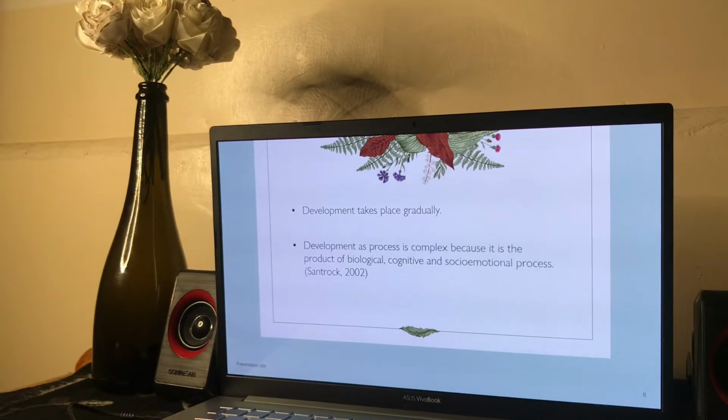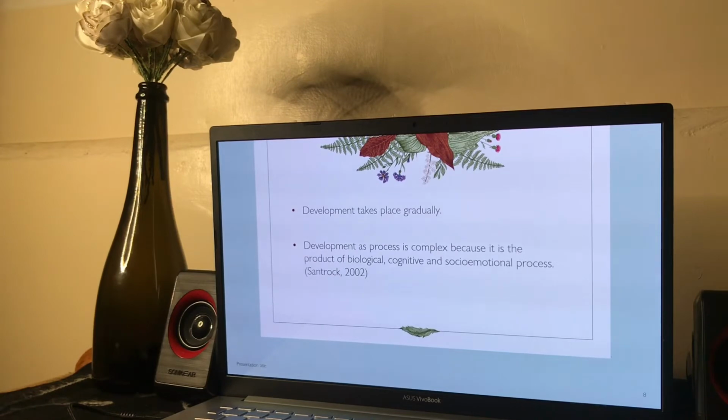And the last principle is development as a process is complex because it is the product of biological, cognitive, and socio-emotional processes. This is according to Santrock 2002. So, biological process includes changes in the individual's physical nature.